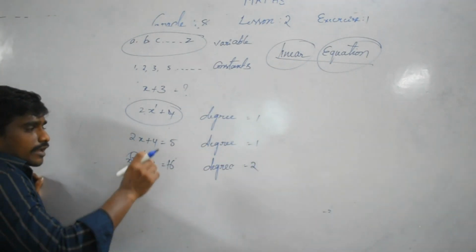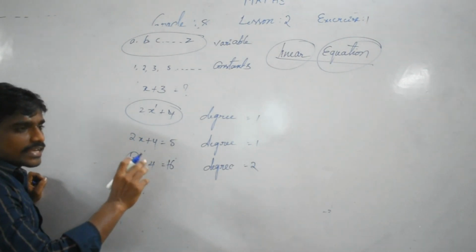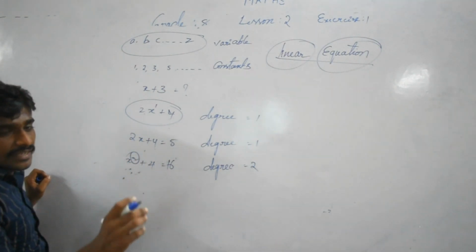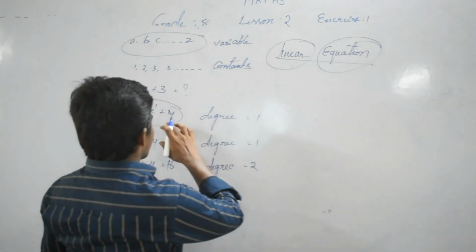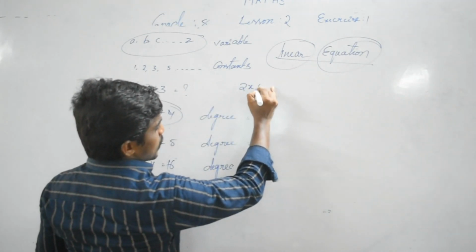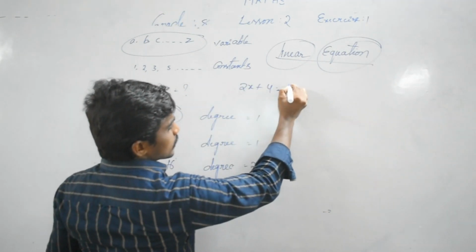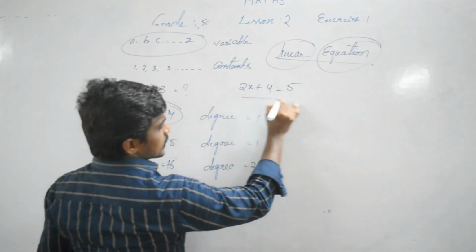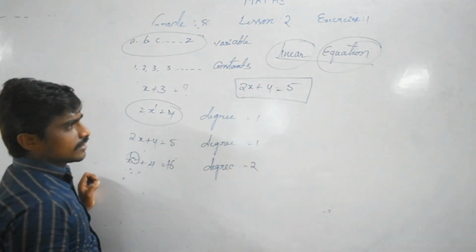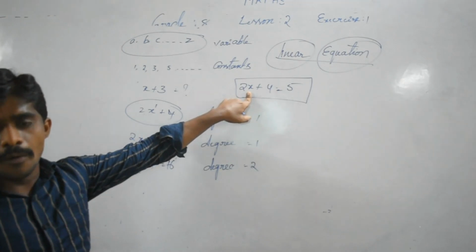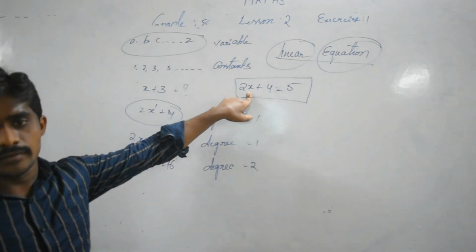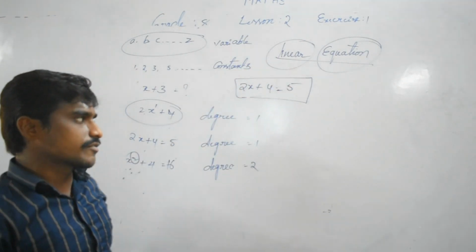So an equation of degree 1 is a linear equation. So here 2x plus 4 is equal to 5. This is a linear equation. Here the degree is how much? 1. So this is a linear equation.